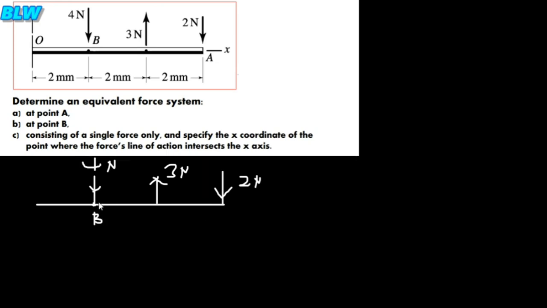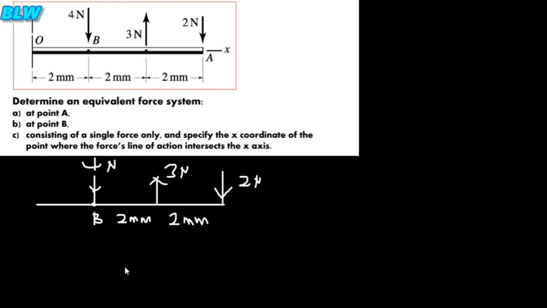The distance between the 4 Newton and the 3 Newton is 2 millimeter, and here also 2 millimeter. I'm not going to consider the distance here, because all the other forces are on this side of B, so I'm not really going to consider this distance of 2 millimeters here.